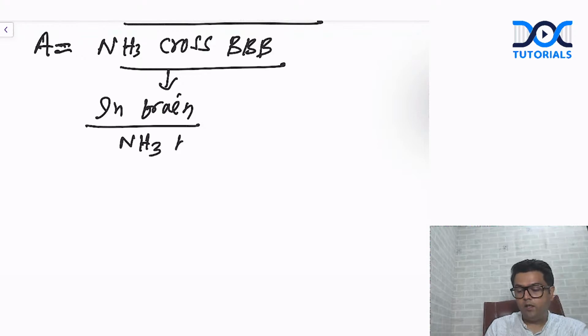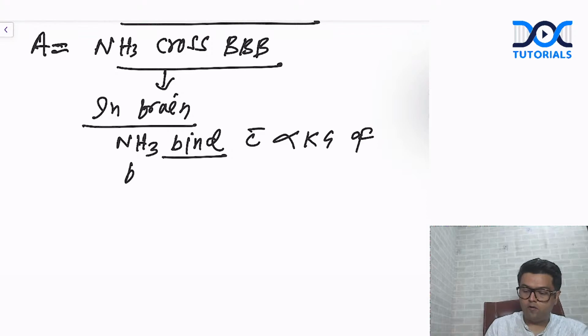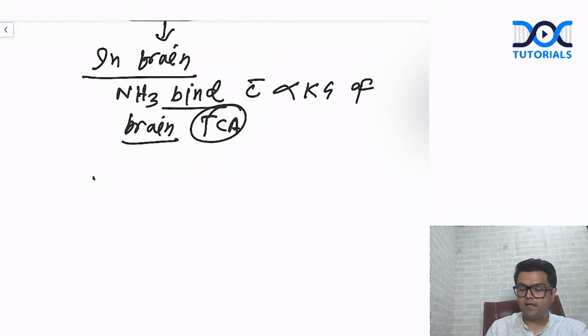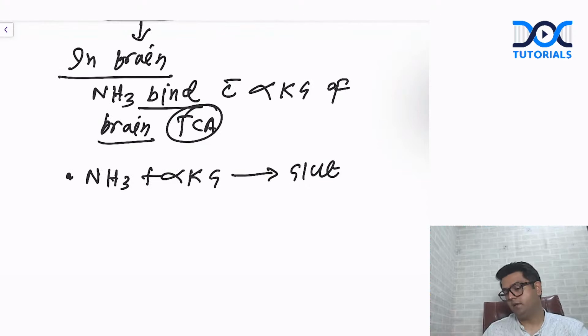Ammonia binds with very high affinity with alpha ketoglutarate of the brain's Krebs cycle. The reaction is like this: ammonia plus alpha ketoglutarate of the brain's Krebs cycle makes glutamate.